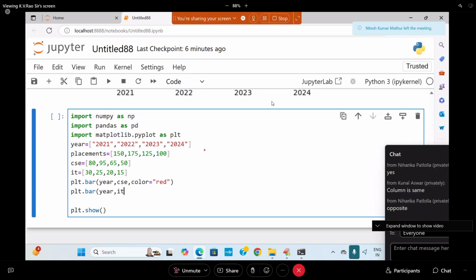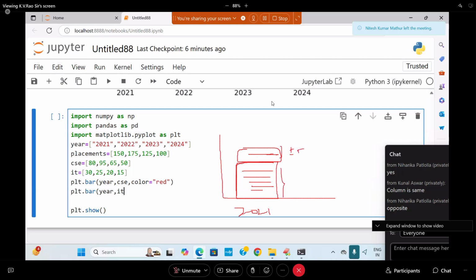When your plot starts at 2021, the CSC already has some data. On top of the CSC data, I want to get the IT data. So when I write IT data here, what should be taken as the bottom value? CSC.